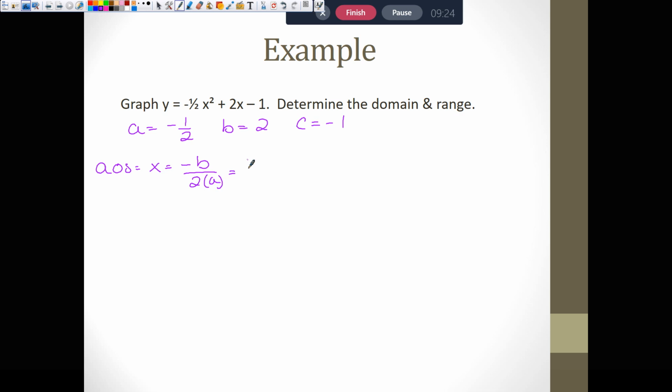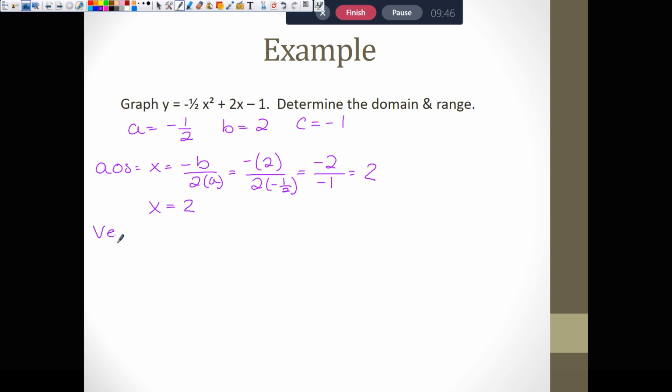So that will be -2 over 2 times -1/2. That would be -2 over -1, which will equal 2. So our axis of symmetry is x equals 2.